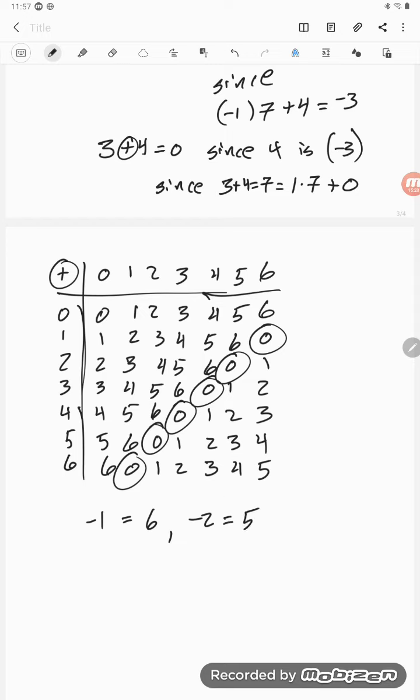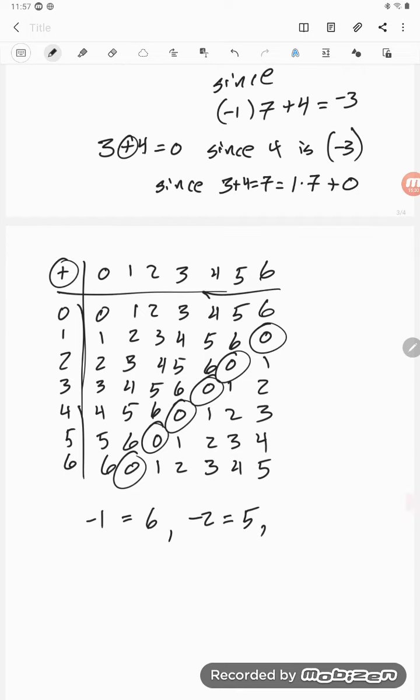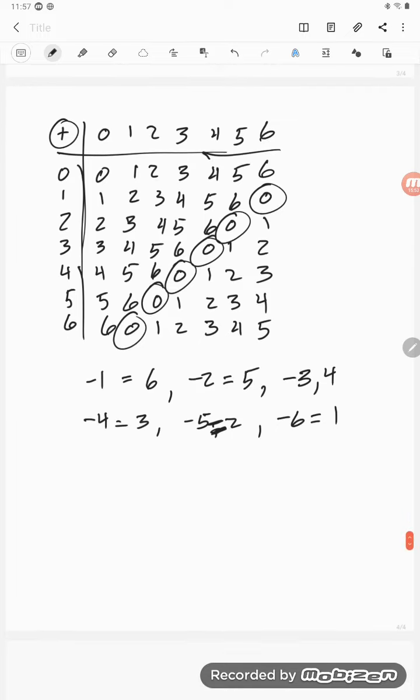The additive inverse of 2 is 5, the additive inverse of 3 is 4, the additive inverse of 4 is 3, the additive inverse of 5 is 2, and the additive inverse of 6 is 1. We can see that from the table.